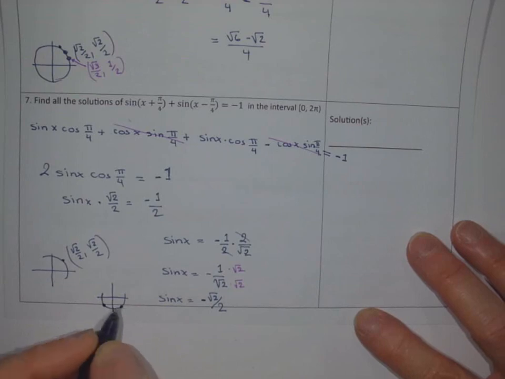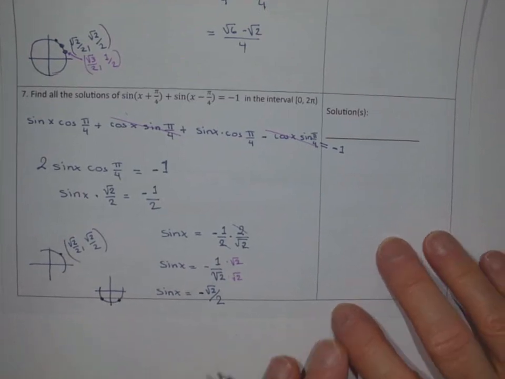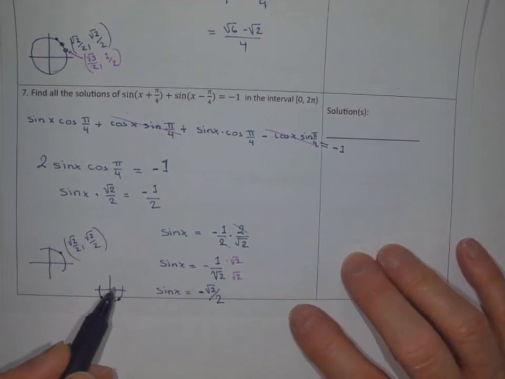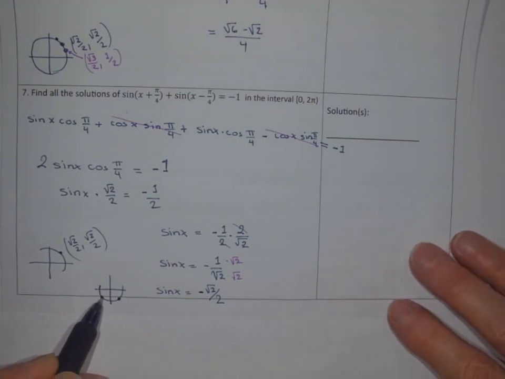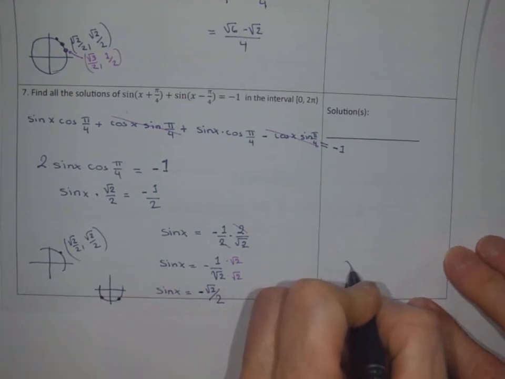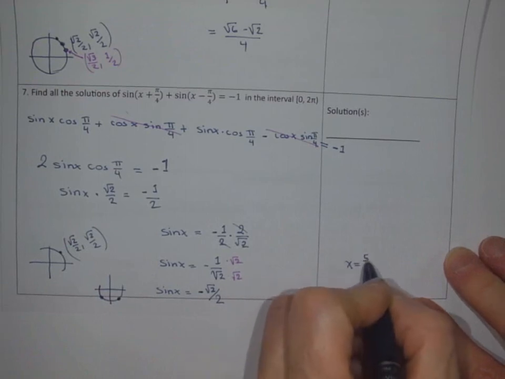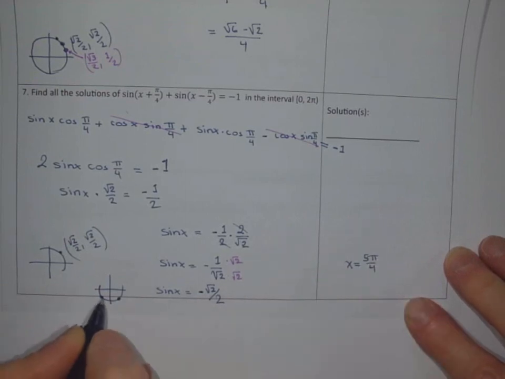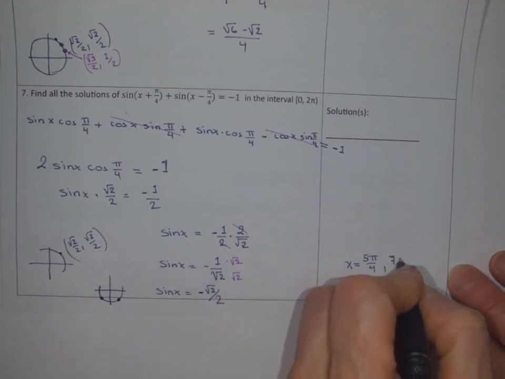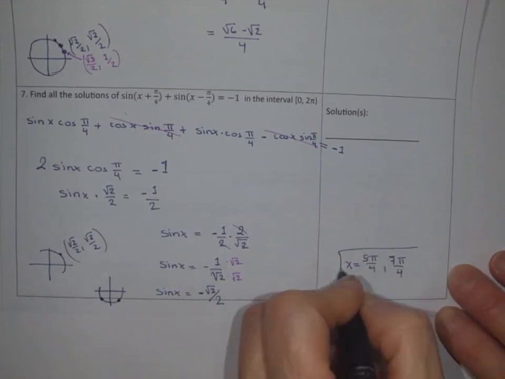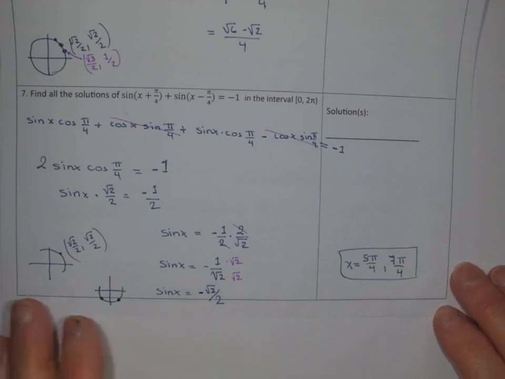So that will be where sine is equal to negative square root of 2 over 2. And that will be at x equals 5 pi over 4 for that one, and then 7 pi over 4 for this one. Okay, so those are the solutions for this.